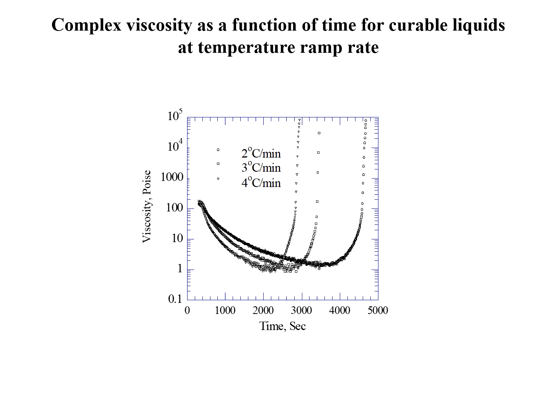So you can see for high ramping rate, the viscosity decreases fast at the beginning, but after 2000 seconds, it starts to cure fast compared with the 2 and 3 degrees per minute ramping rate.